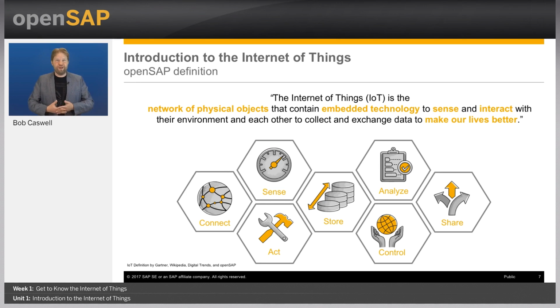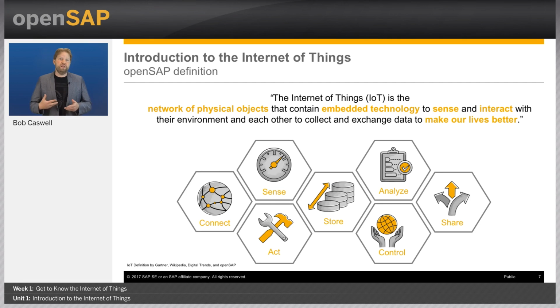That's our attempt at making one definition. So there's connectivity, there's sensing, there's action that happens, there's data storage, there's data analysis, and there's sharing. All these actions come together to make an environment where our lives are improved in some way.